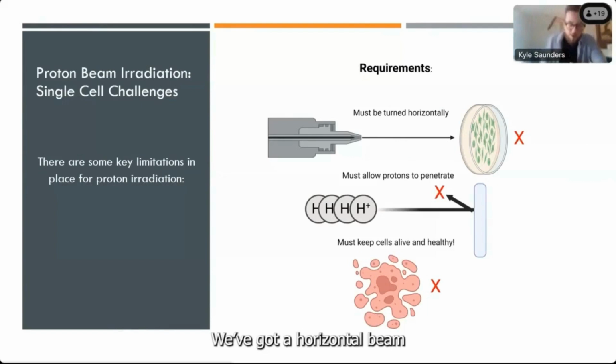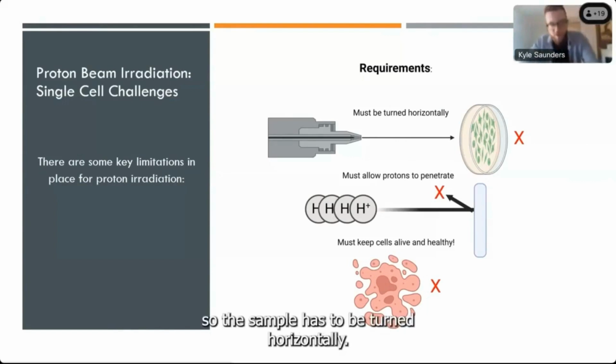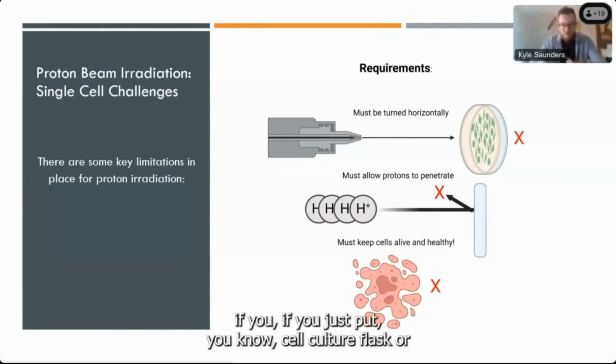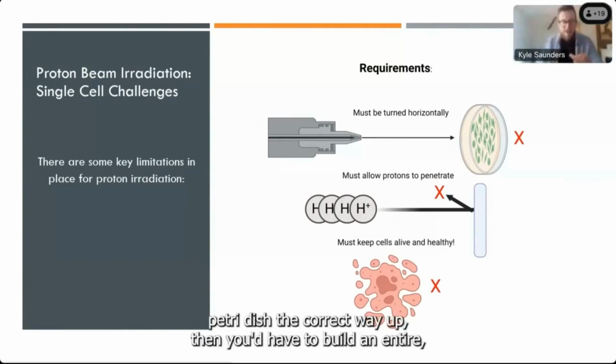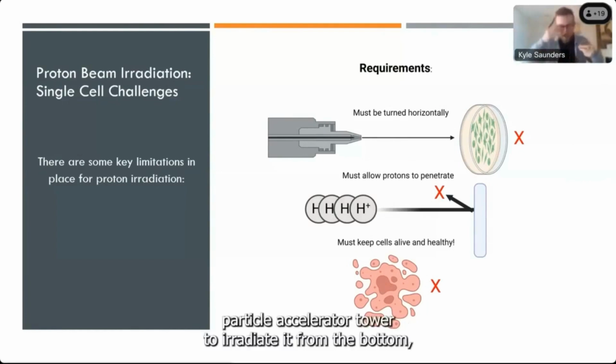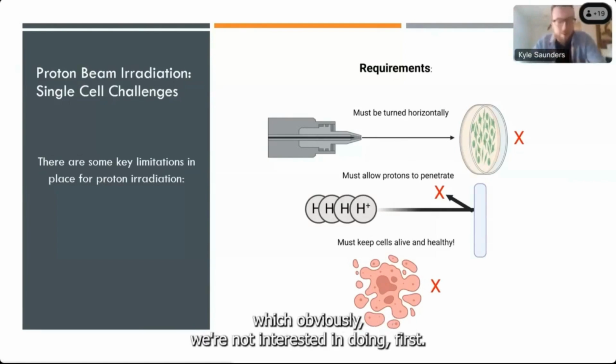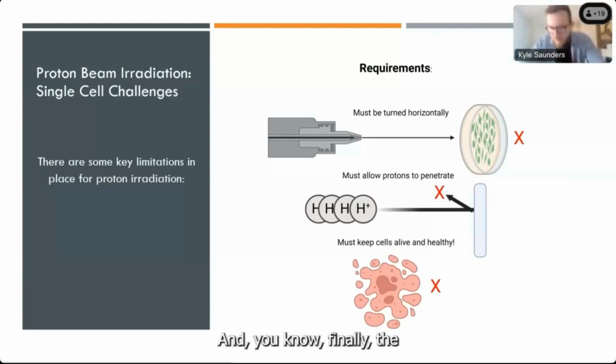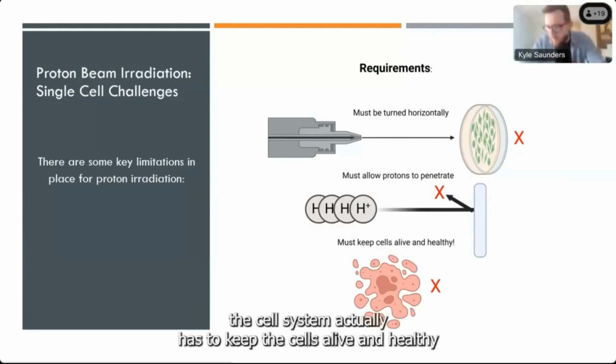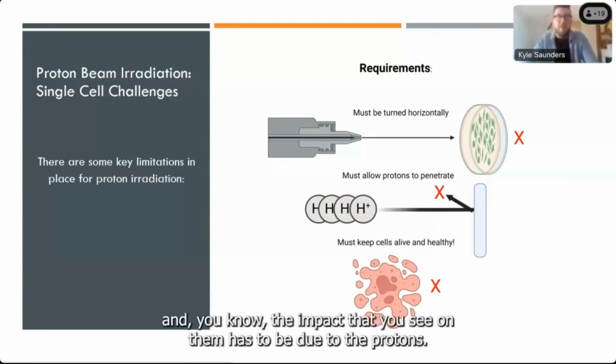We've got a horizontal beam, so the sample has to be turned horizontally. If you were just to put a cell culture flask or a petri dish the correct way up, then you'd have to build an entire particle accelerator tower to irradiate it from the bottom, which obviously we're not interested in doing. And finally, the cell system actually has to keep the cells alive and healthy. And the impact that you see on them has to be due to the protons.